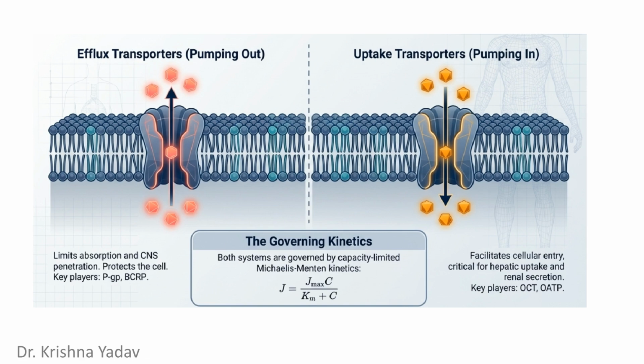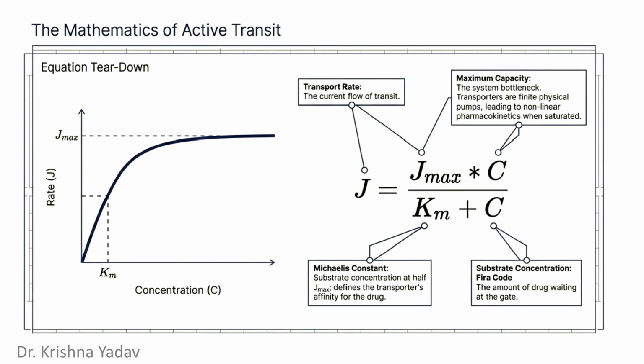Both systems are governed by Michaelis-Menten kinetics, described by the equation shown here. The Michaelis-Menten equation, J equals Jmax times C over Km plus C, describes the transport rate, where Jmax is the maximum capacity, C is the substrate concentration, and Km, the Michaelis constant, defines the affinity for the drug.